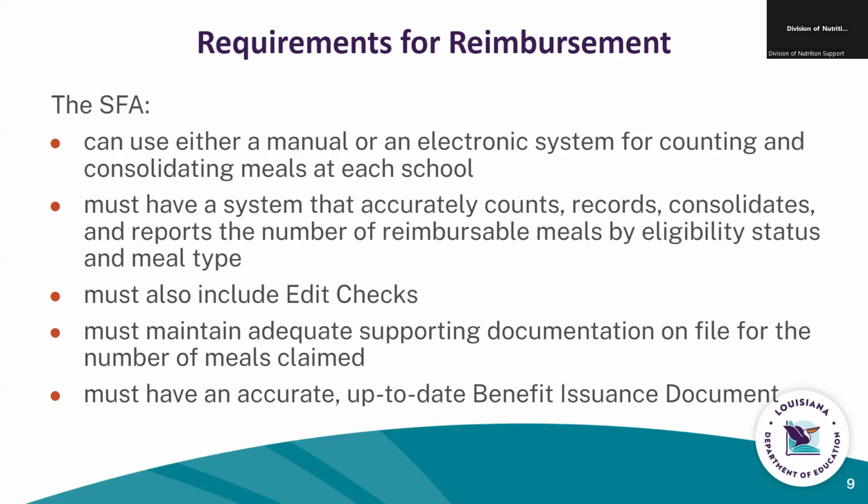You must maintain adequate documentation on file to support the number of meals claimed for both breakfast and lunch and be able to provide that if any flags come up. You must maintain accurate, up-to-date benefit issuance documentation reflecting the current status of each child enrolled. These documents must always be available, and your documentation must include edit checks.